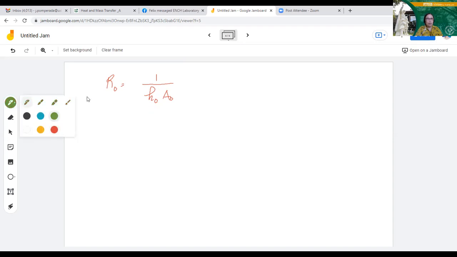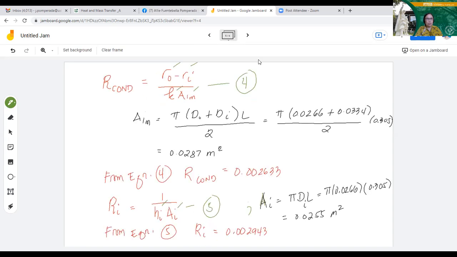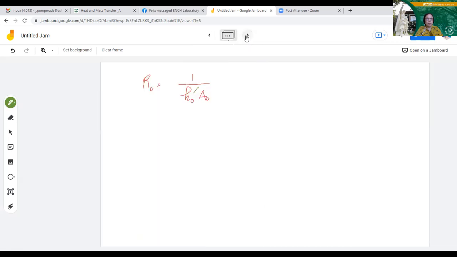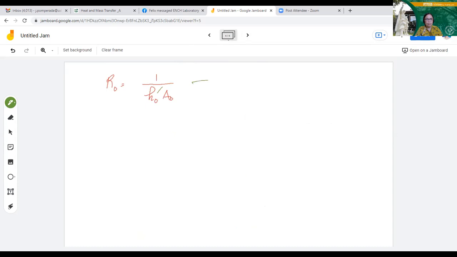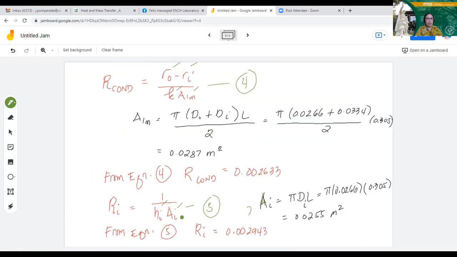And this is, I think, equation 6 already. So we need to determine first A sub o, just like what you have done in here, so that you can get your R sub o.